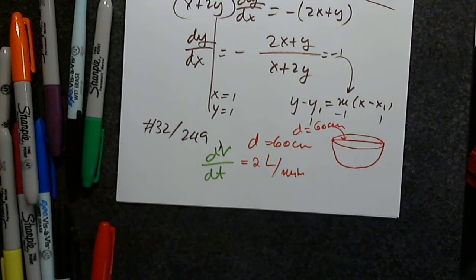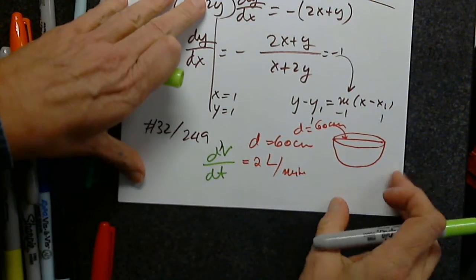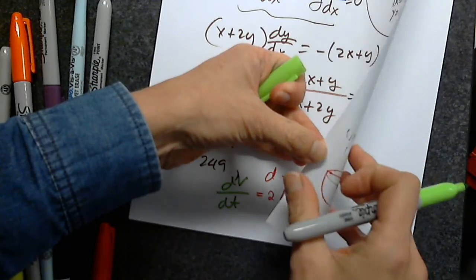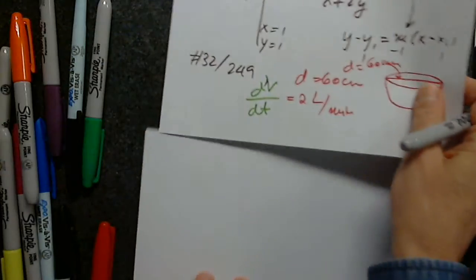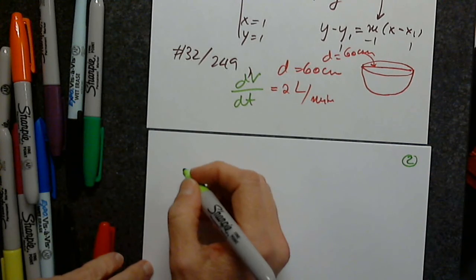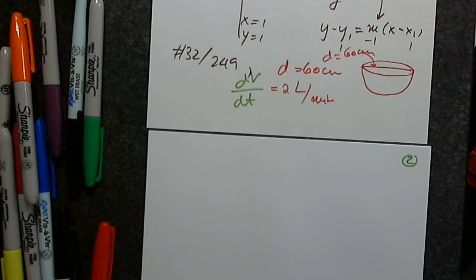Okay, let's read on. Find the rate at which the water is rising when it is half full. So remember, what follows after "when" cannot be taken into account till the very last step. So one more time, I didn't finish reading, but find the rate at which the water is rising.